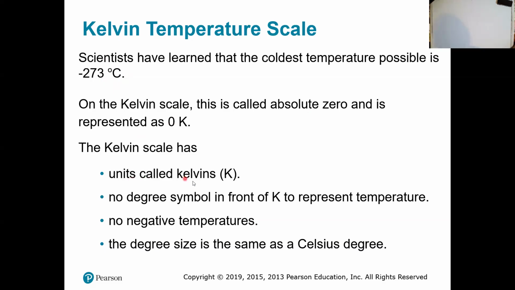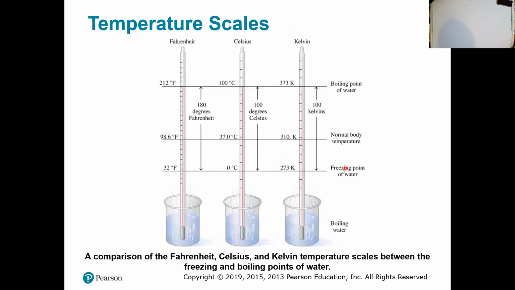The unit for the Kelvin scale is just Kelvin. There's no degree symbol when you're writing out Kelvin temperatures. And what's interesting is that the degree size on the Kelvin scale is the same as the degree size of the Celsius scale. So how do we know that? Because on the Kelvin scale, remember, water freezes at 0 degrees Celsius. That temperature on the Kelvin scale is 273 Kelvin. Okay.